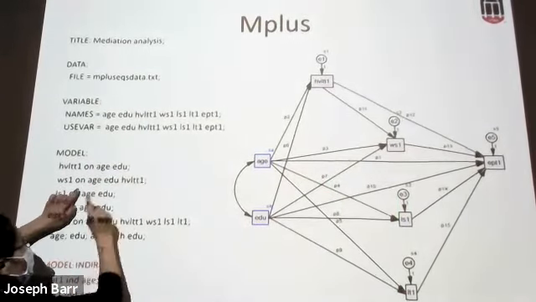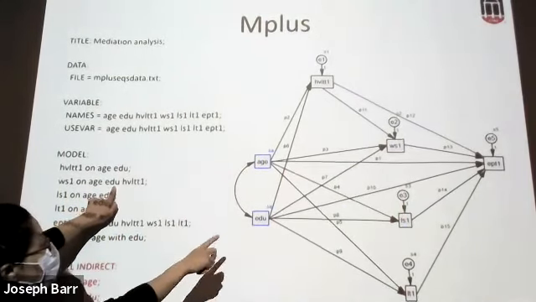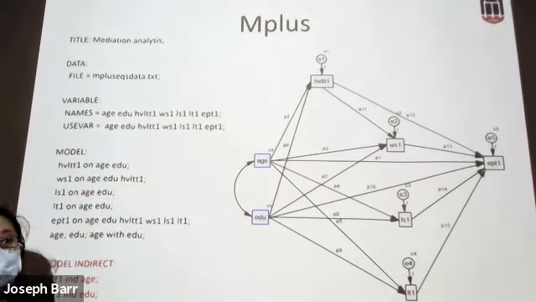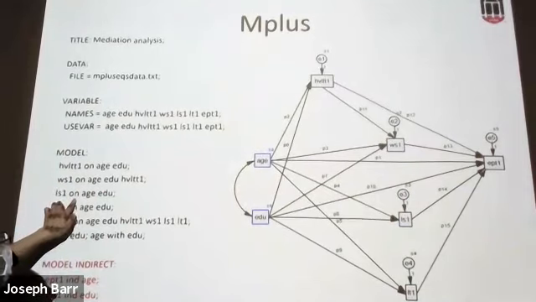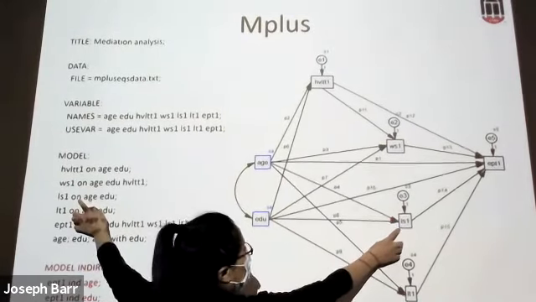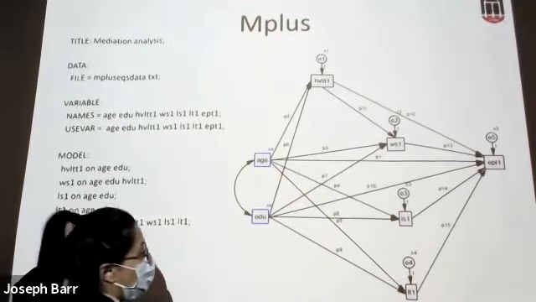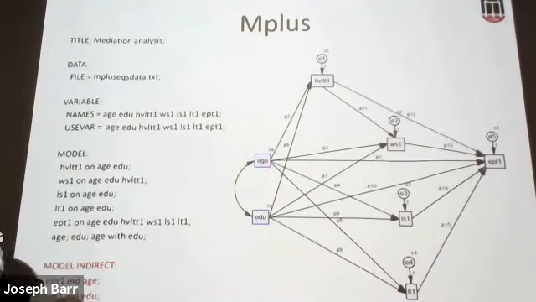Actually, this statement included the coefficients P3, P7, and P11. There are three coefficients. LS here on age and EDU. LT1 on age and EDU.